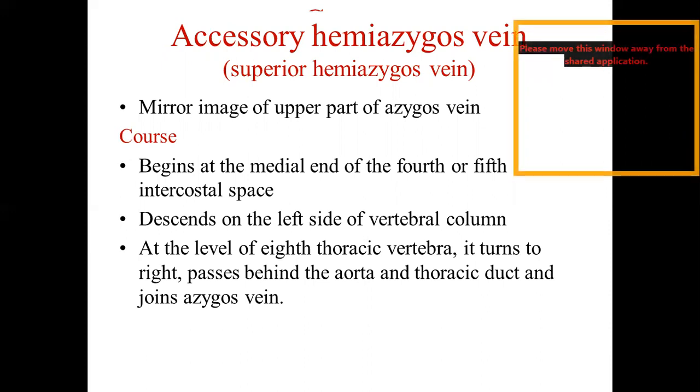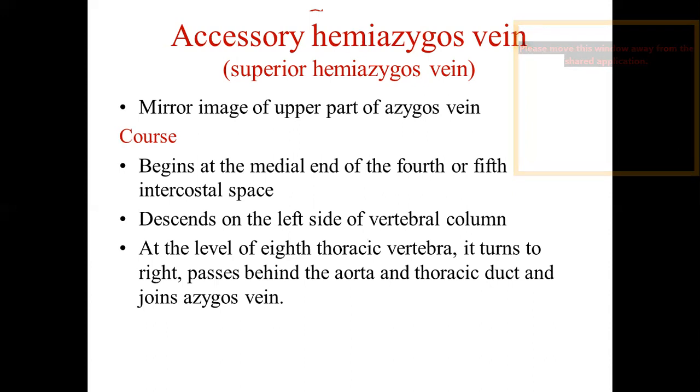Now this accessory hemiazygous begins at the medial end of the fourth or fifth intercostal space. Then it descends on the left side of the vertebral column, and at the level of the 8th thoracic vertebra, it turns to the right side.